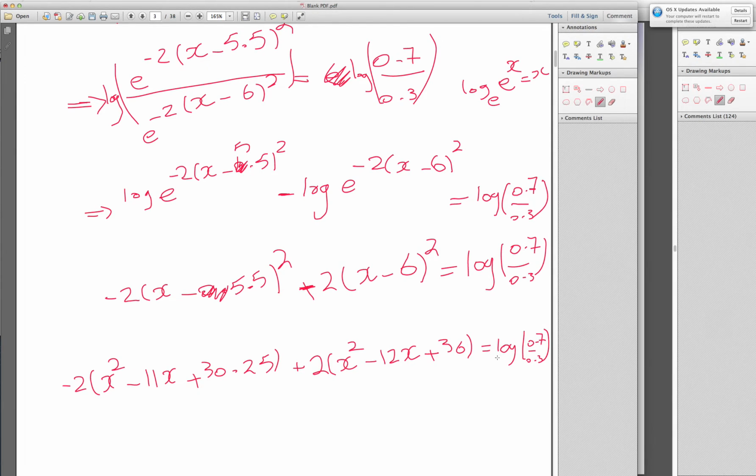And again, this is natural log, so in your calculator it is ln. So we have negative 2x squared, which will be cancelled by this 2x squared, so we get rid of the x squared terms. We have 22x here, we have negative 24x, so negative 2x. We have negative 60.5 here, we have positive 72 here, so 72 minus 60.5, so plus 11.5 is equal to log of 0.7 divided by 0.3. So let's find this.